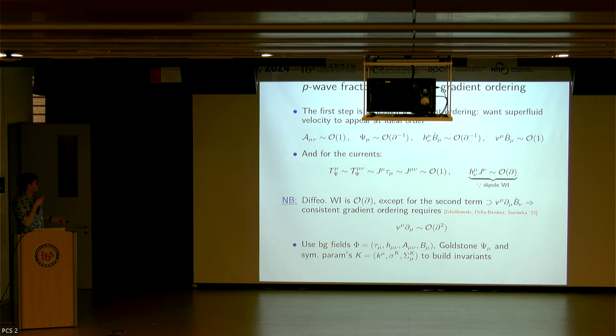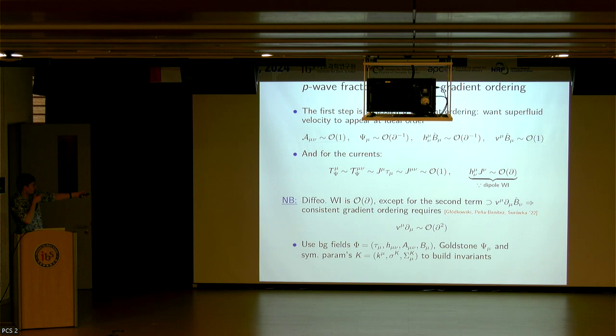Now, things are a bit funny when it comes to the gradient ordering for these Fracton superfluids. Let me just highlight that this is not a surprise. This also happens for normal superfluids. But the fact that the spatial part of the gauge field is now order delta minus 1 is a consequence of its definition.